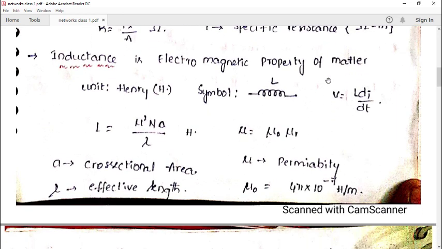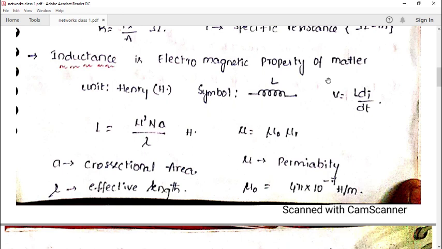So next thing is inductance. Inductance is an electromagnetic property of matter. So it opposes sudden change in current. When we discuss magnetic circuits, we'll go through inductance, what is mutual inductance, what is self-inductance, like that.